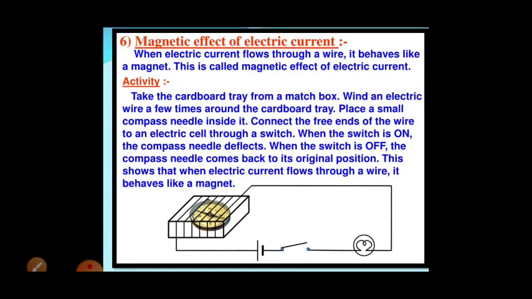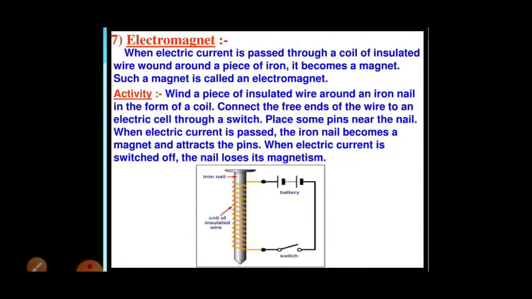In the same way, if we take an iron rod or iron nails and make a coil over it with insulated wire, and then pass current through it, we can observe that the iron acts as a magnet.